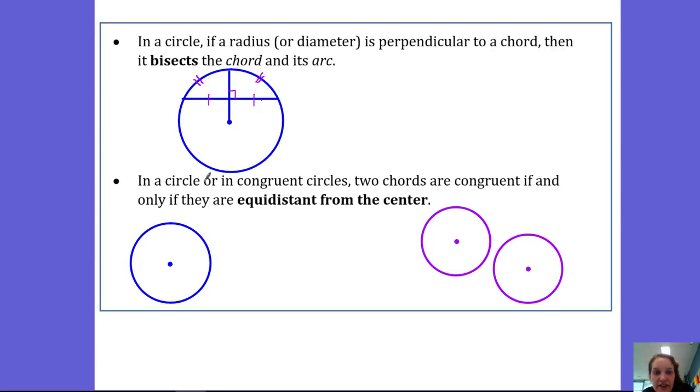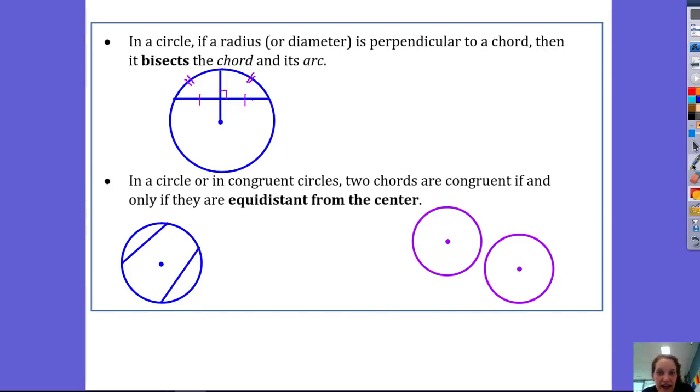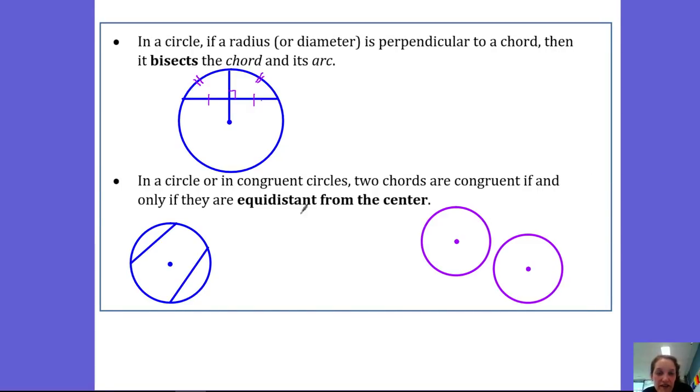Another property is in a circle or in two congruent circles. If you have two chords, they are congruent if and only if they're equidistant from the center. So remember we talked about the shortest distance between a point and a line is the perpendicular distance.